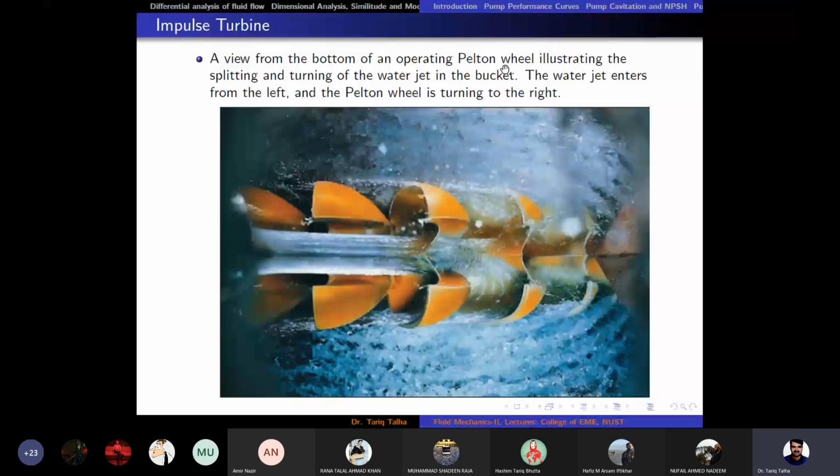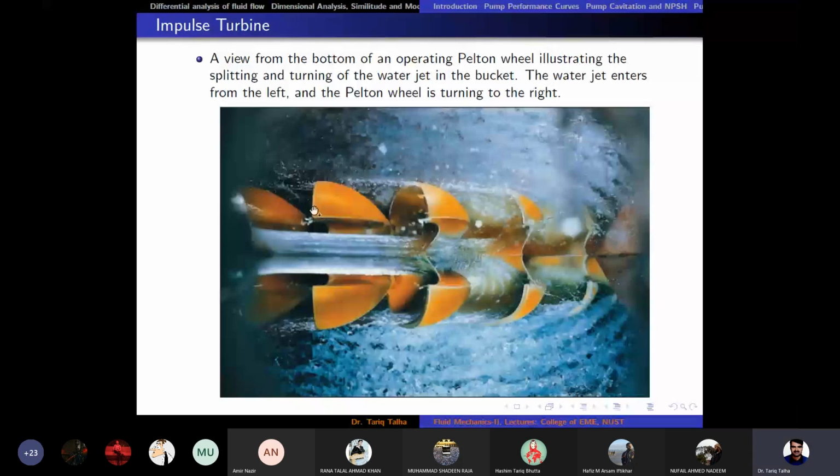This is the cut here. We can see very clearly that due to this cut, most of the jet is going to hit this bucket, which is right at the bottom. It is not going to hit this bucket, which is shown here.